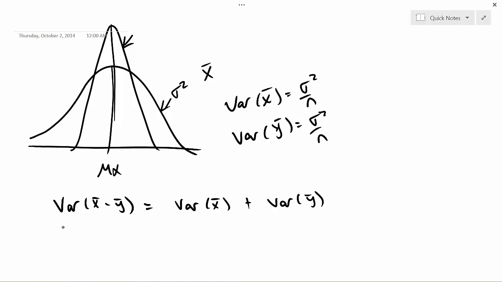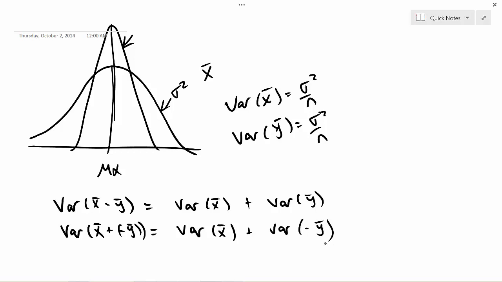And the reason is because think about it this way. If I were to do the variance of x bar plus negative y bar, and my x bar and y bar are independent, then that would be the variance of x bar plus the variance of negative y bar. And then if I were to pull out my -1, it gets squared, right?